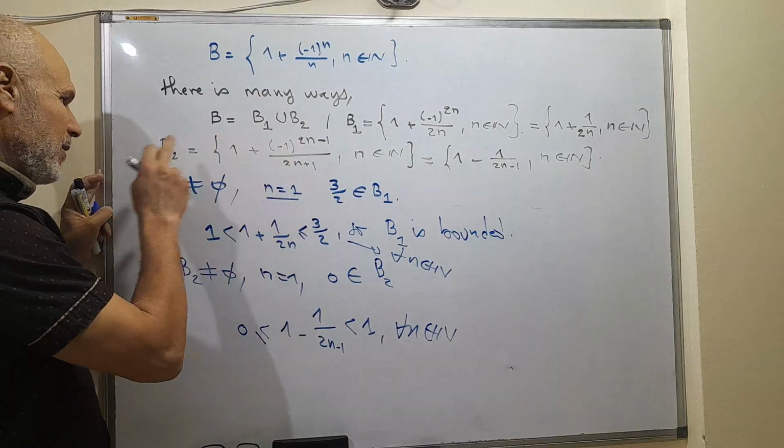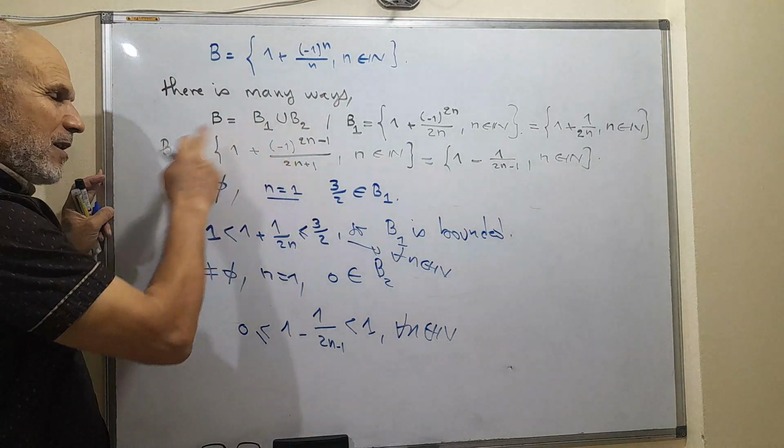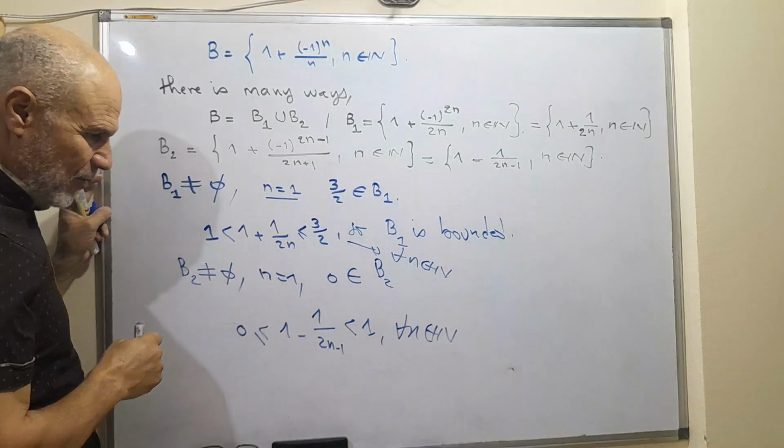B1 is bounded, B2 is bounded, so the union is a bounded set.